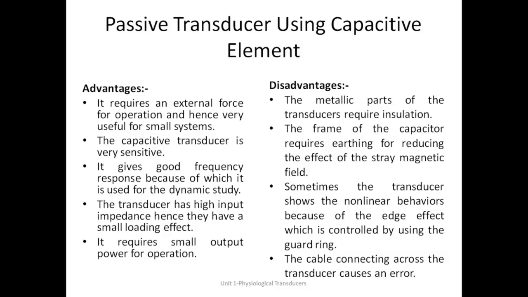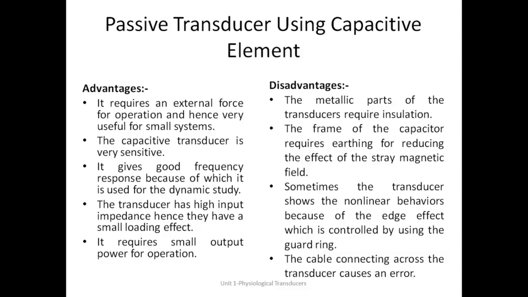Sometimes the transducer shows non-linear behavior because of the edge effect, which is controlled by using a guard ring. Edge effect means that at the edge there is a transition taking place, so there might be certain non-linearities in your calculations, although most of the time it is very small in magnitude.